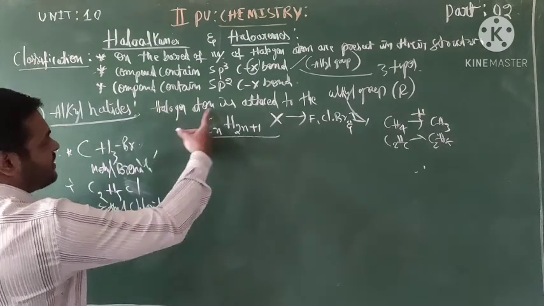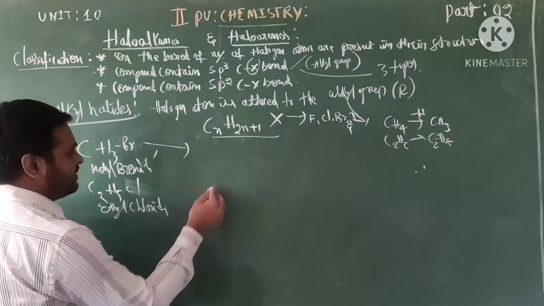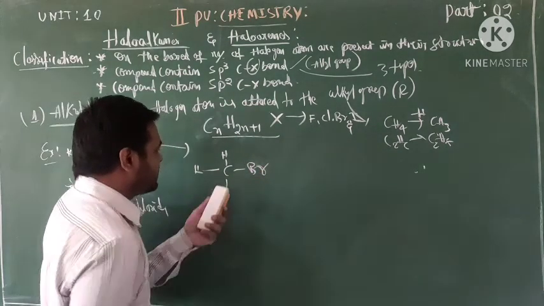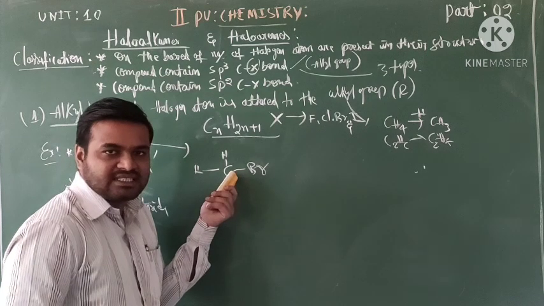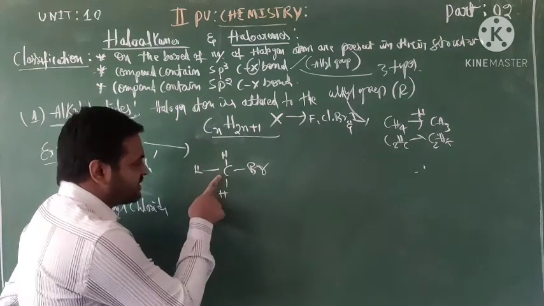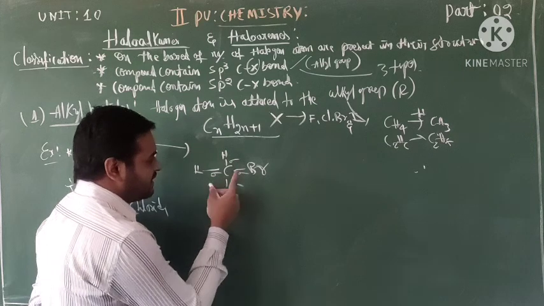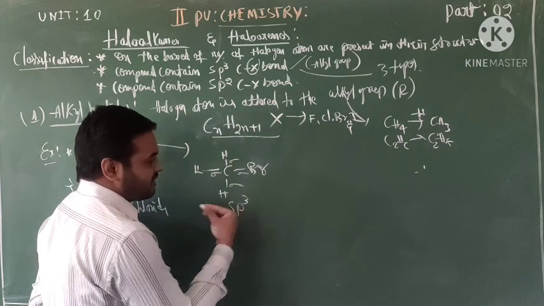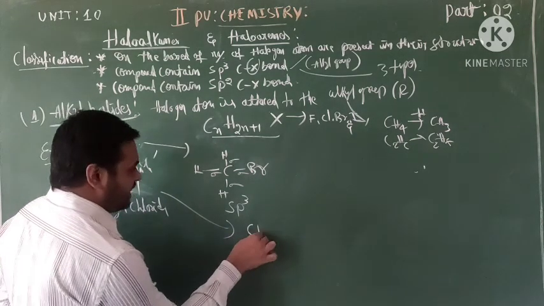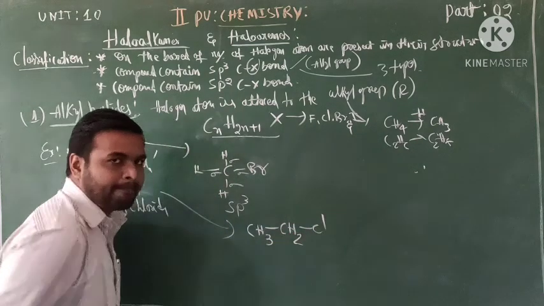Now just concentrate on this one: sp3 hybridization. Is sp3 hybridization present or not? See this example: CH3Br, with C, H, H, H and Br. This carbon atom attached to the halogen is sp3 hybridized. This carbon atom has 4 sigma bonds, so it is an sp3 hybridized carbon atom. Let me check another example: CH3CH2Cl, ethyl chloride.